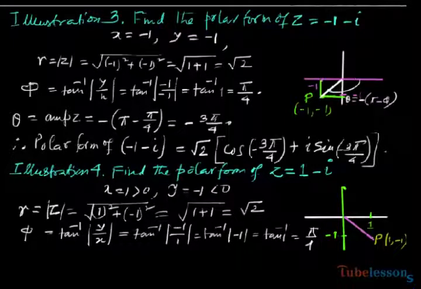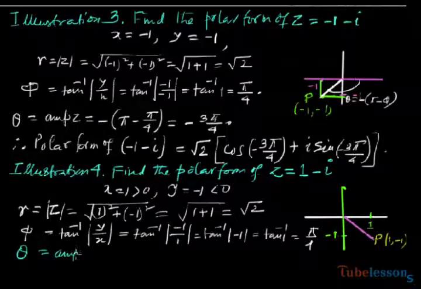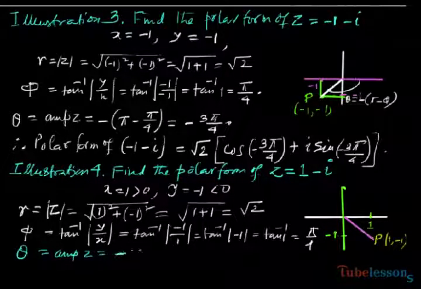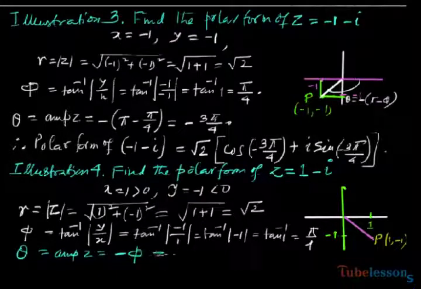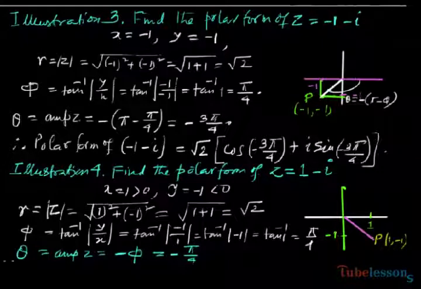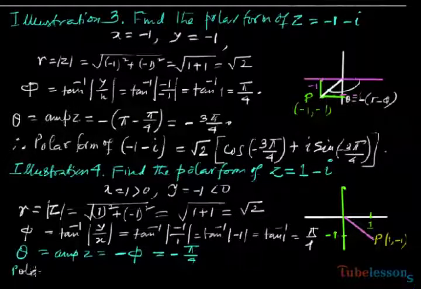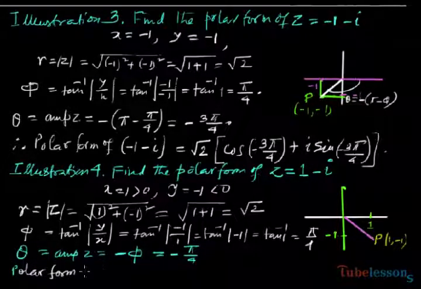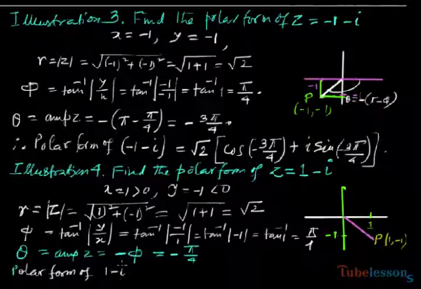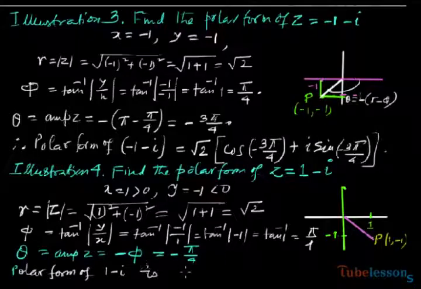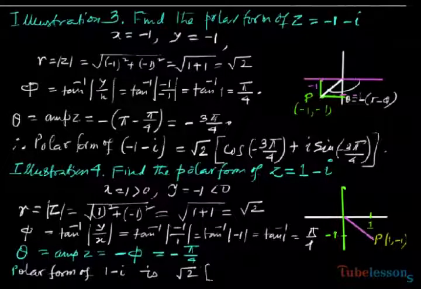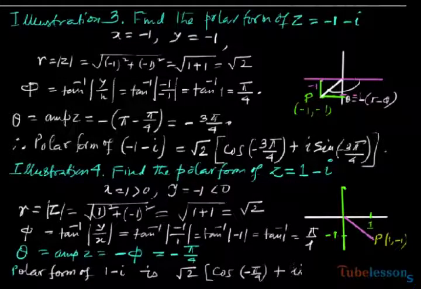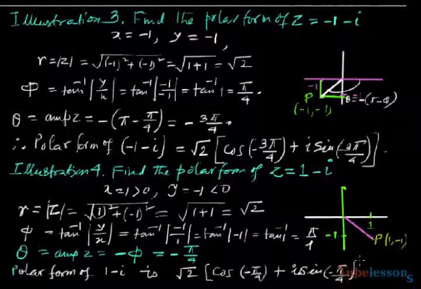Therefore theta, that is amplitude of z, is equal to minus phi, equal to minus pi by 4. So polar form is root 2 cos minus pi by 4 plus i sine minus pi by 4.